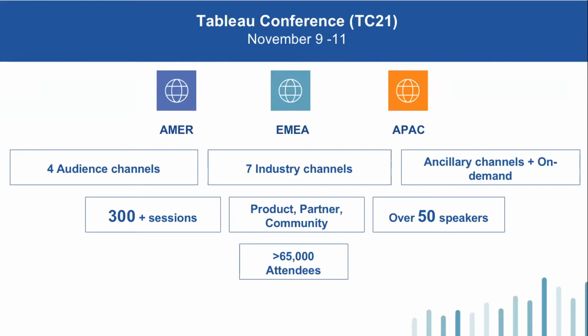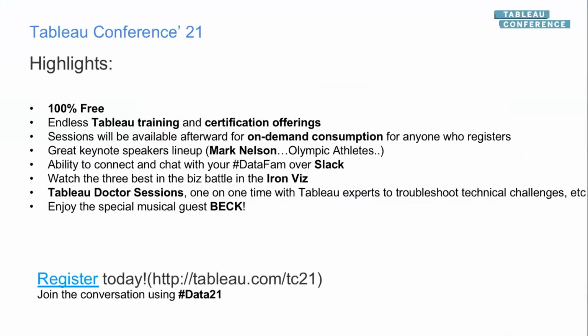Tableau is going to send you some great information that will also include guidance on conference content, brain dates, which I love, Slack, and Tableau doctor's appointments. You can see here on the screen, this is on Tableau as well. I won't read it word for word, but I will say that there's a lot of attendees coming from over 7 different industries. So great way to connect and learn from others. And these are just a few additional highlights.